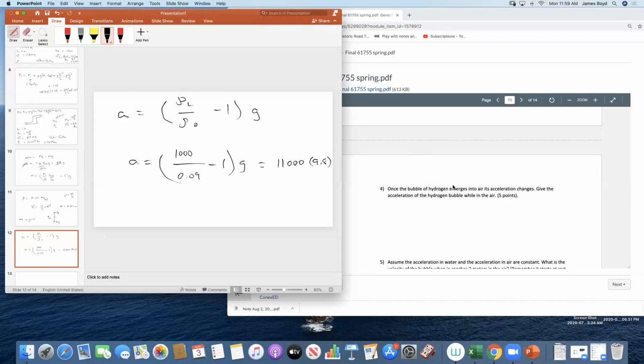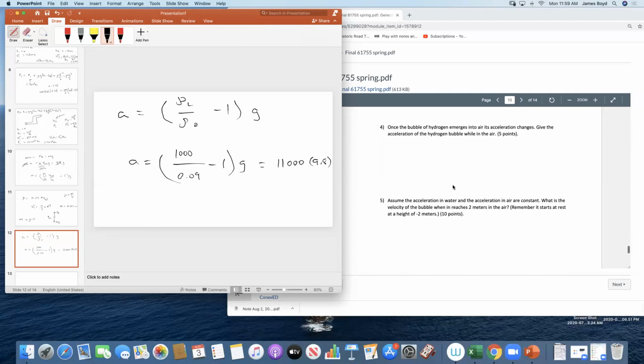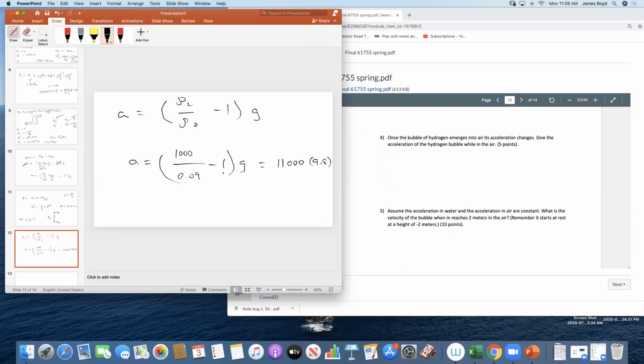And I think I might have left off g on this solution. Yeah, sorry if I did. This is in the water, okay? I should be a little bit more specific. If I multiply it by 9.8, I get 109 times 10 to the third meters per second squared, which actually sounds semi-right. That's really fast, right? That's a in the water.